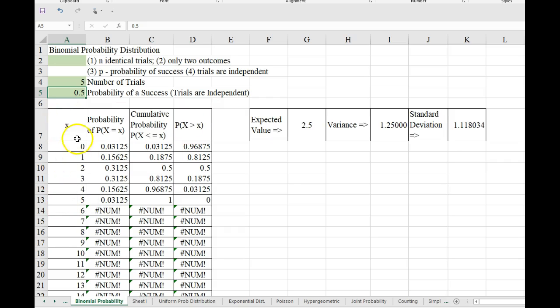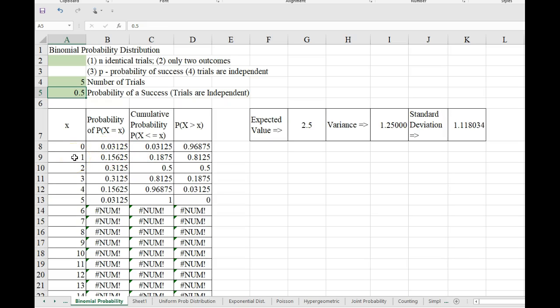So the way this tool is set up, for each individual x value, it calculates the probability that x is exactly one of these values that you select. So the probability that x is 0, in other words, the probability that we have no boys, is 0.03125.